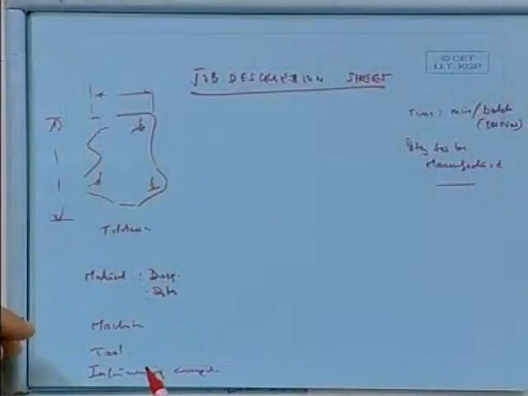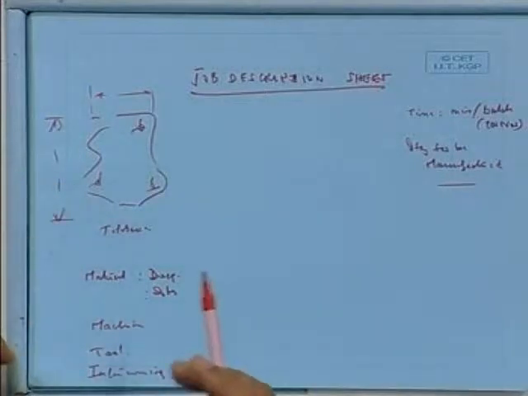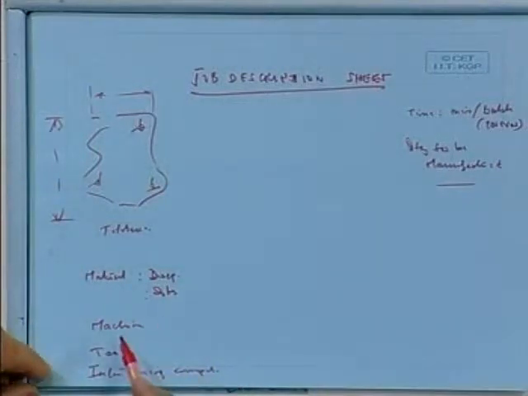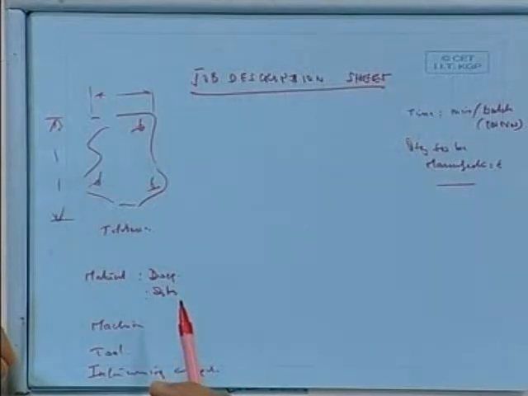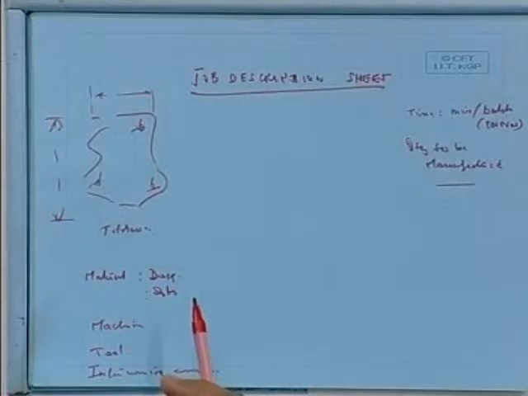Any changes which happen here in any of these will be interrelated on the other. Say the material specification changes. You have been making this component out of mild steel sheet of 20 gauge, and now you do value engineering and the design department certifies that even if you reduce the gauge to 22 gauge, make it thinner, you can still have the same strength and same functionality, but you can save the cost.